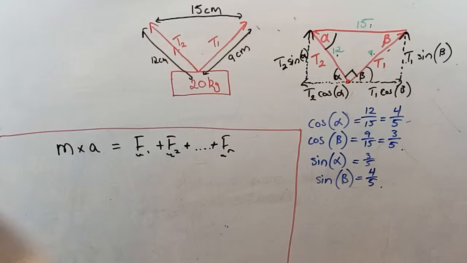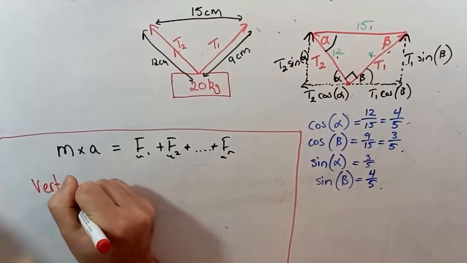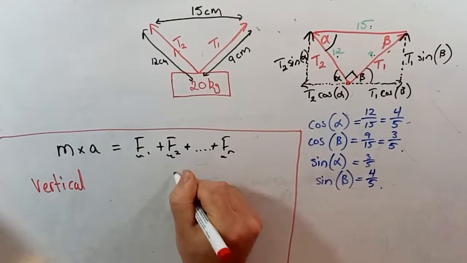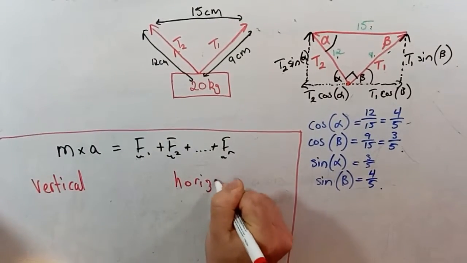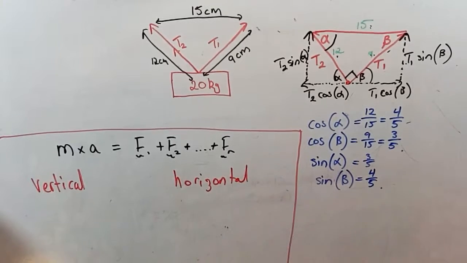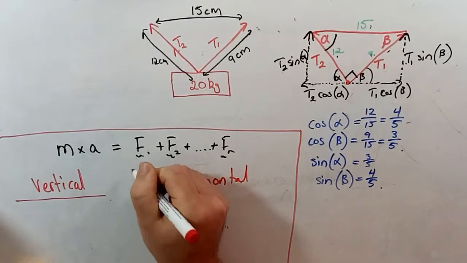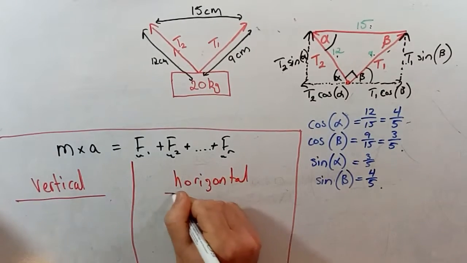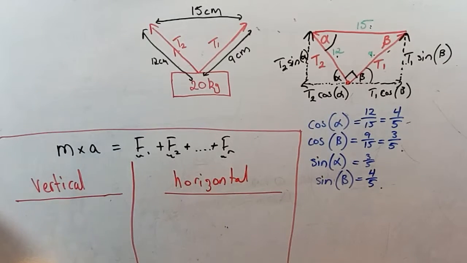So we're going to separate these up into vertical and horizontal. This will give us either simultaneous equations to solve, or it'll solve one thing for us and then we can plug that bit in.